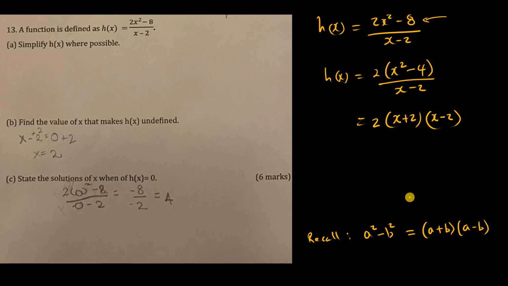Okay? And that's exactly what we have here in terms of x squared minus 4. Because the 4 can be written as what? 2 squared. And so that ends up being x plus 2 times x minus 2.